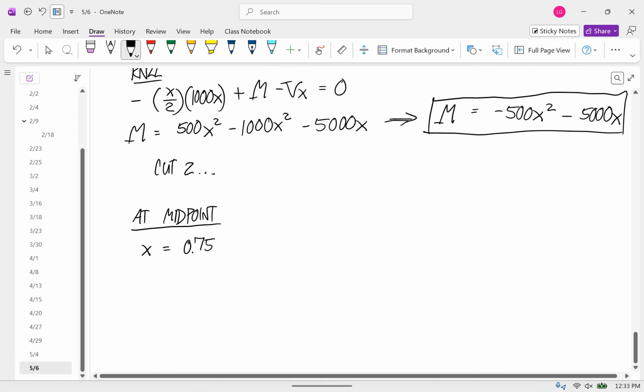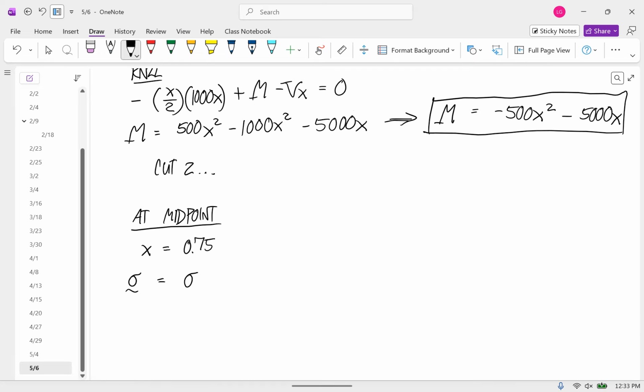And we're going to calculate our stress tensor as the sum of the one due to tension, the one due to bending moment, the one due to shear force, and the one due to torque. But the one tension is equal to 0, torque is equal to 0. So we only have these two left.